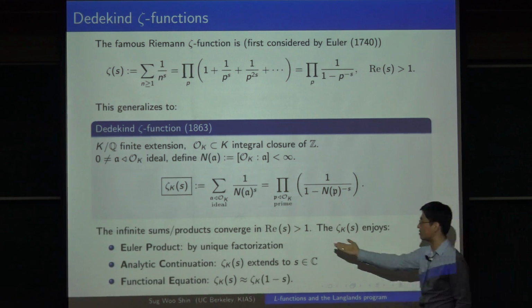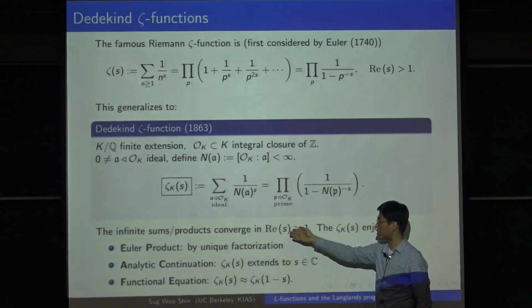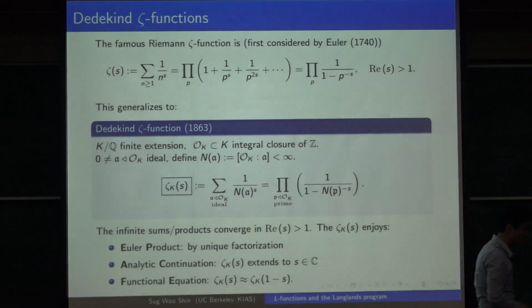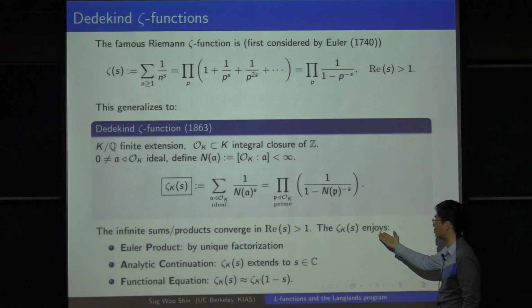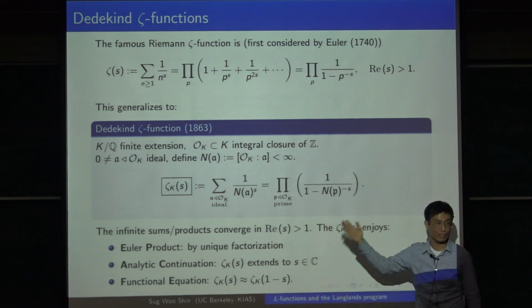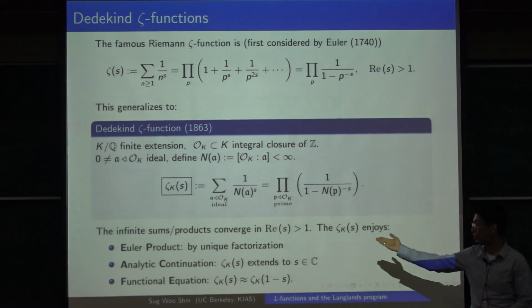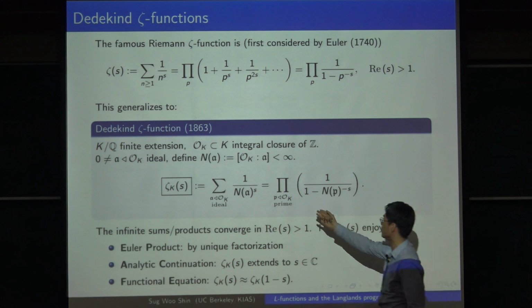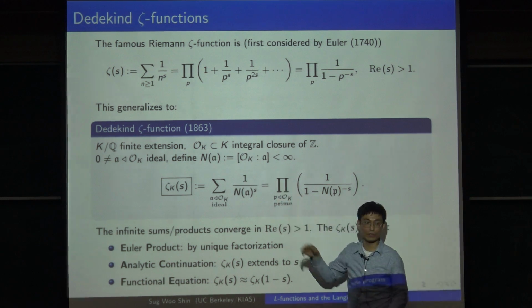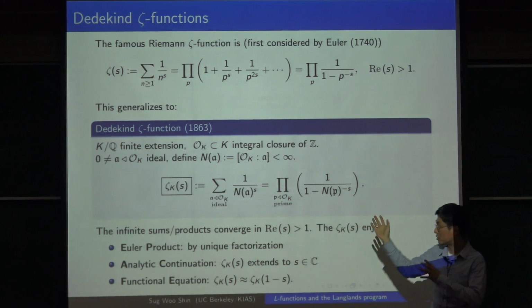I said that these all converge in real part of S greater than 1. S is a complex number. But in fact, this can be defined for all complex numbers S. And in particular, it has at least 3 nice properties. One, Euler product. Euler product means it's a product over prime ideals or prime numbers of a certain expression.